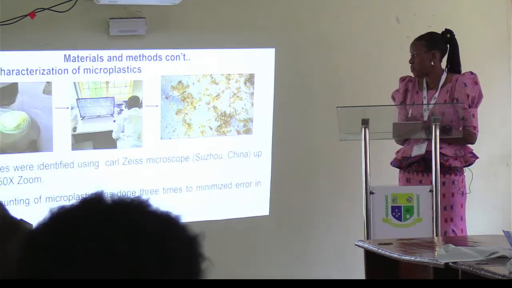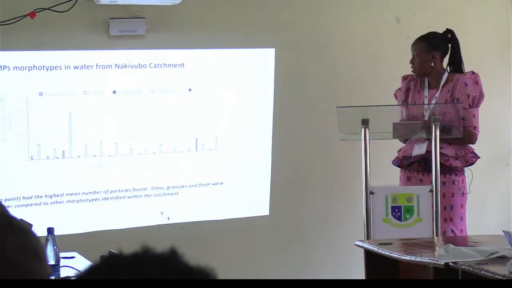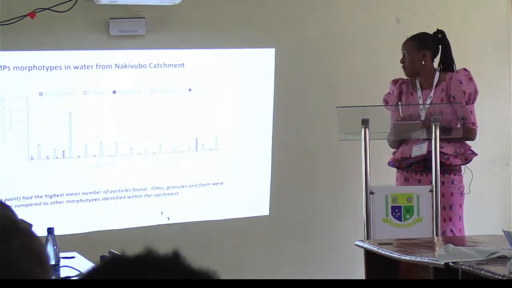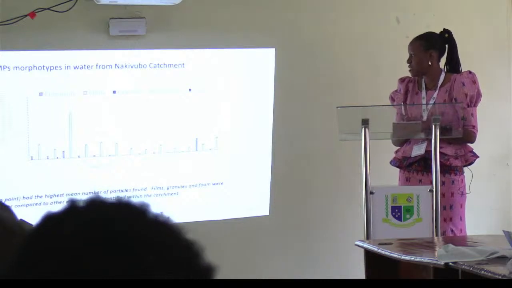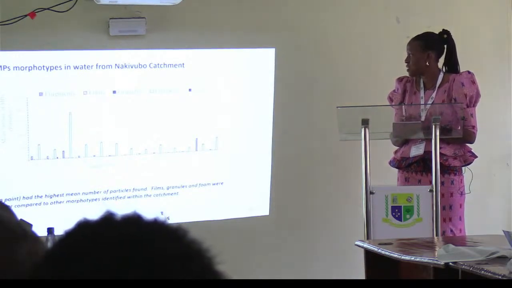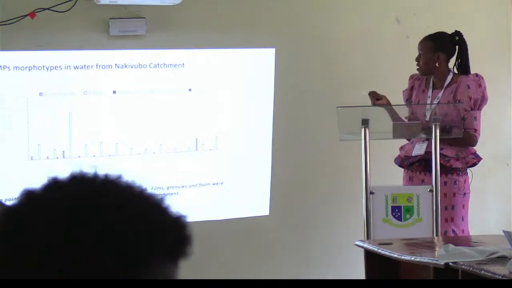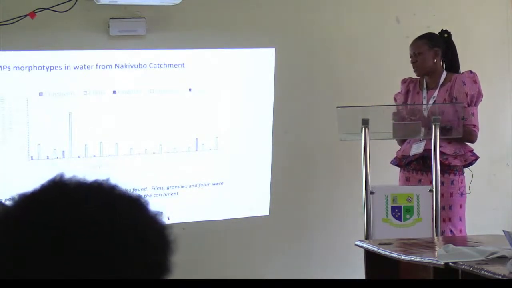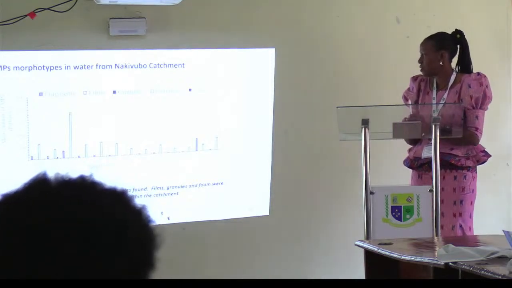So this is just a summary of the different types of plastics from the different sampling sites. We had what are called fragments, films, granules, filaments, and foam, which were collected within our study areas.